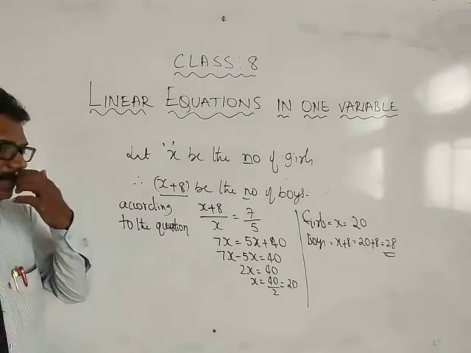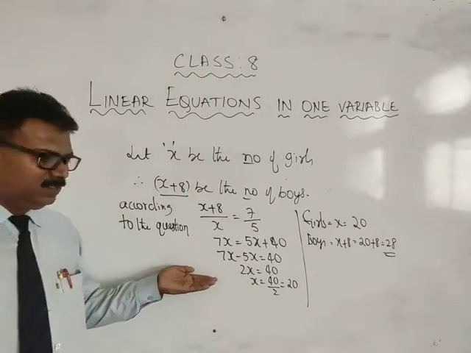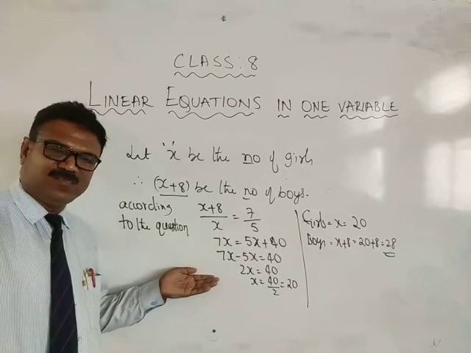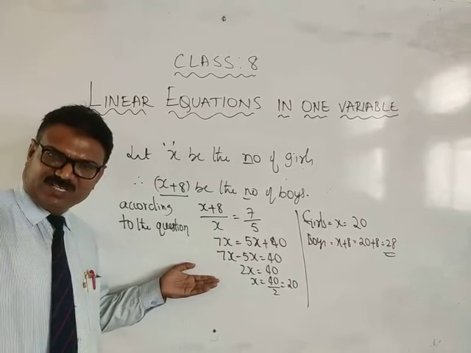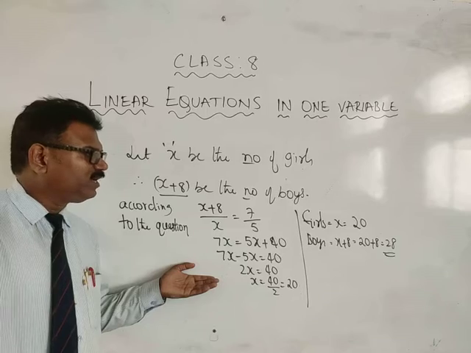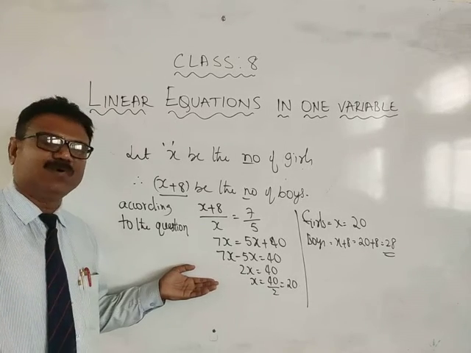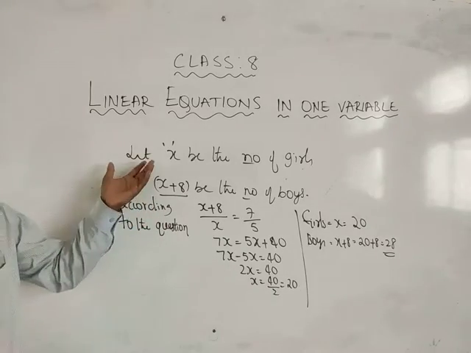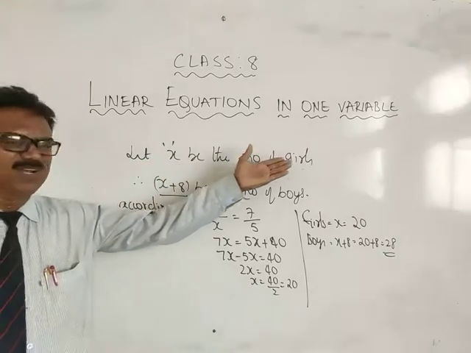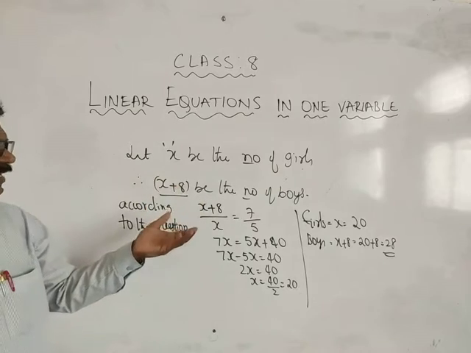Okay? So like this, in a class, we don't know how many boys, how many girls are there, but the number of boys are 8 more than the number of girls. Therefore, if x is the number of girls, more means plus.